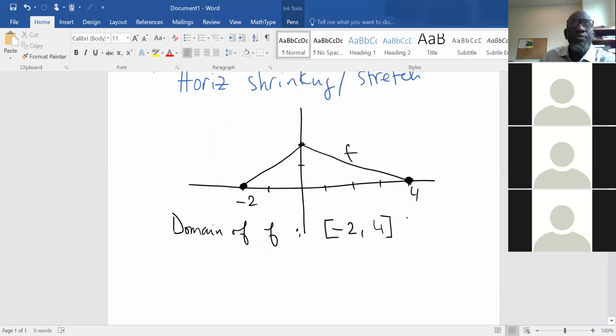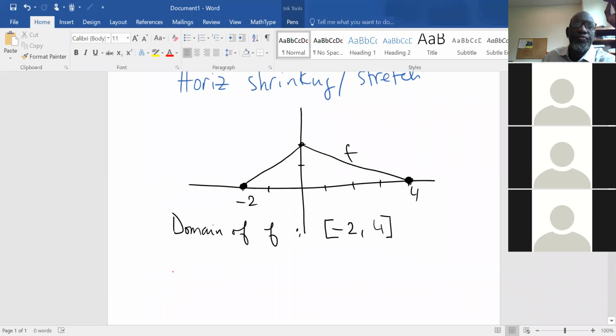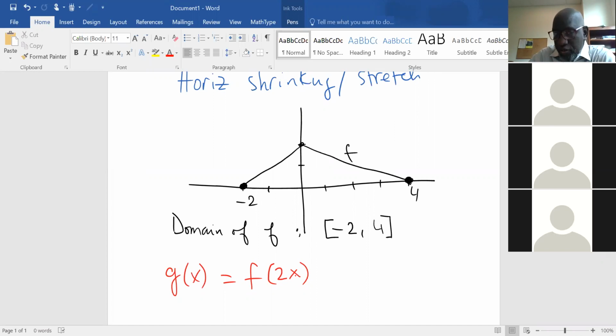Okay, let me now define a new function, g of x is equal to f of 2x. That is my new function. So basically, the multiplication by 2 is on the x itself.